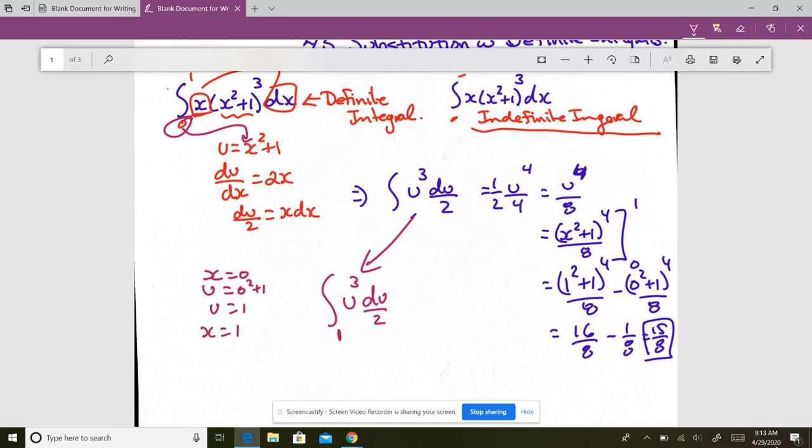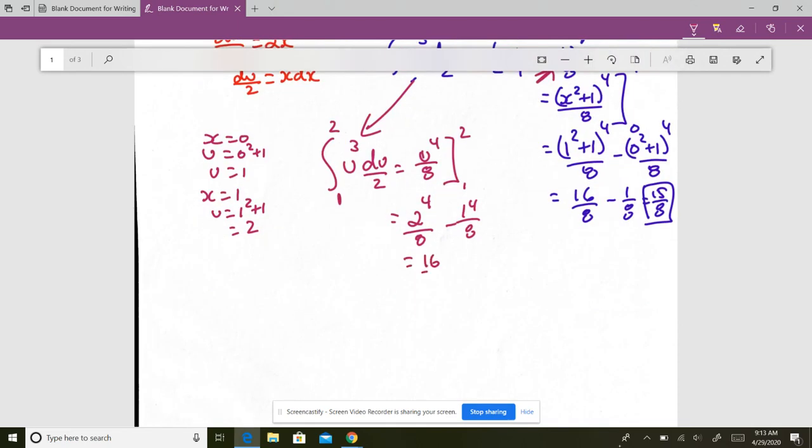When x is equal to 1, u is equal to 1 squared plus 1, which is 2. That's my upper bound. And then I can just solve this integral. That gives me u to the 4 over 8, evaluated from 1 to 2. That's going to be 2 to the 4 over 8 minus 1 to the 4 over 8, which gives me 16 over 8 minus 1 over 8, which is 15 over 8.